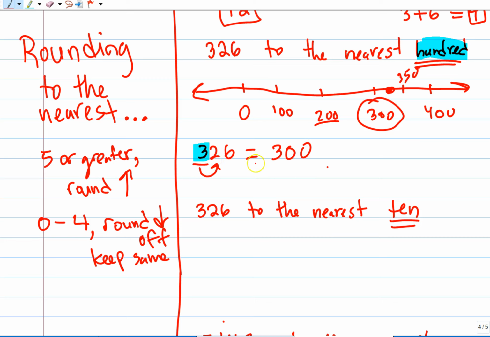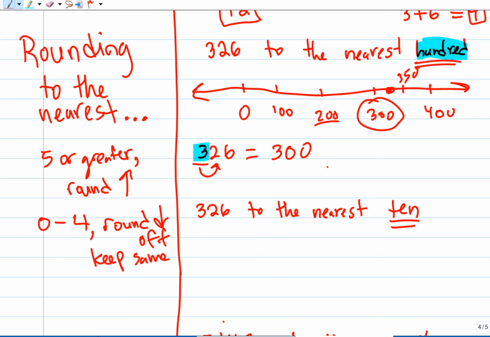We round off everything because we take off the 26, which is going down. But the nearest 100 to 326 would be 300. So round down kind of messes people up. Just round off might be a better way of thinking about it. We round off the 26. The 26 goes away, and we just go down to 300.